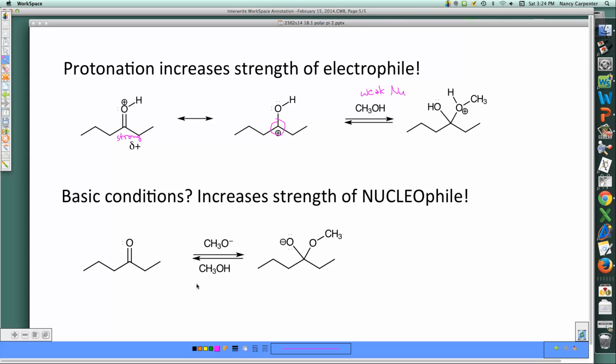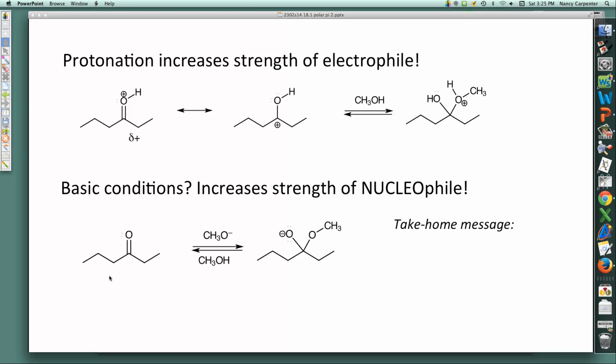Under basic conditions, I've got a moderate electrophile, because we just have a delta positive here, but not a full-fledged positive charge. But I have a much stronger nucleophile. So in either case, the reaction rate is enhanced by catalysis.